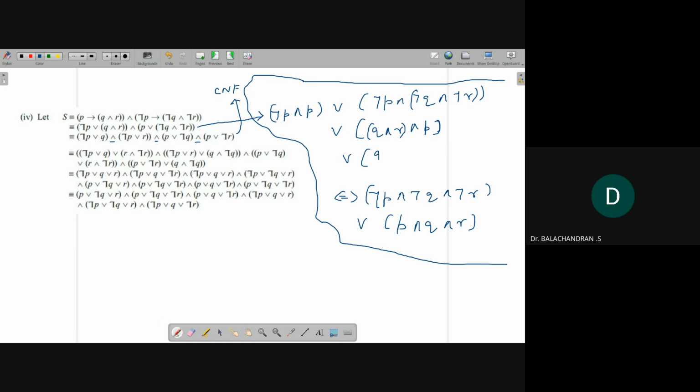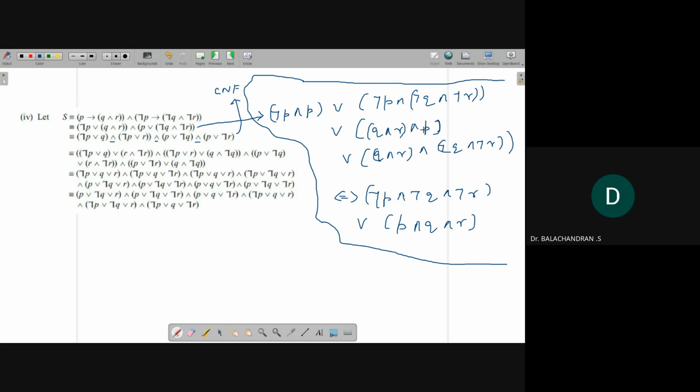Here Q and R and negation Q and negation R, close bracket. So this is, we know, false. Negation P and negation Q and negation R I wrote.